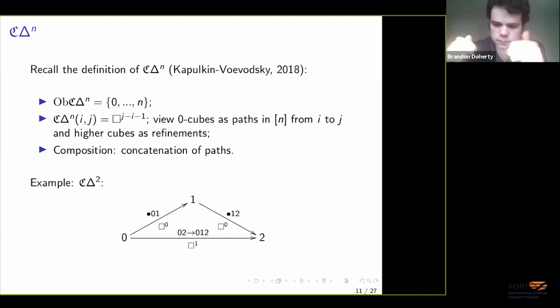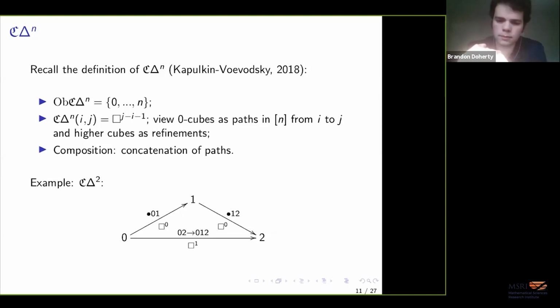So here we have an illustration of the cubical category C delta 2. In the mapping space from 0 to 1, you can see we have just a single vertex corresponding to the path where you just go directly from 0 to 1. And in the mapping space from 1 to 2, there's a single vertex, 1, 2.